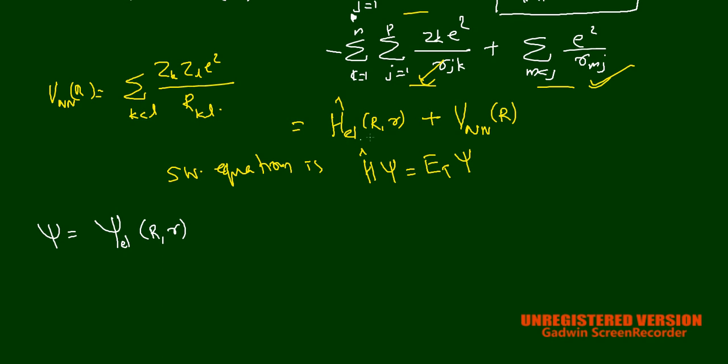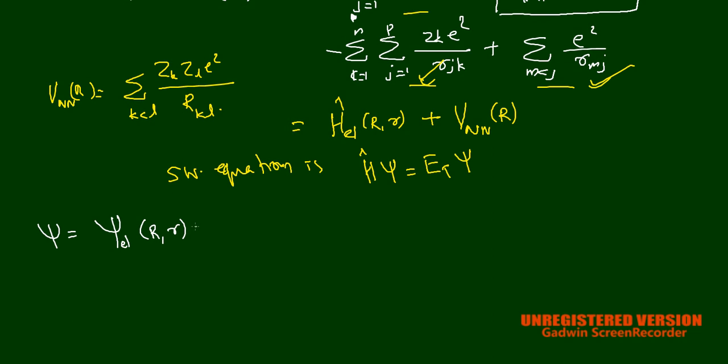because we have the H cap electronic r, R. The wave function psi electronic depends upon the position coordinates of the electron, and it also highly depends upon the position coordinates of the nucleus, because the electron is under the influence of the heavy nucleus.